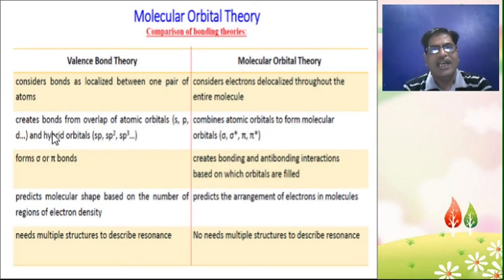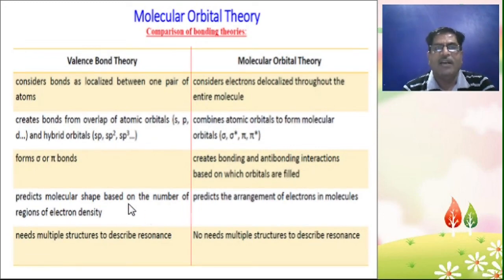VBT creates bonds from the overlap of atomic orbitals, for example s, p, d, and hybrid orbitals sp, sp2, sp3, forming a sigma or pi bond. MOT combines atomic orbitals to form molecular orbitals sigma, sigma star, pi and pi star, and creates bonding and antibonding interactions based on which orbitals are filled.